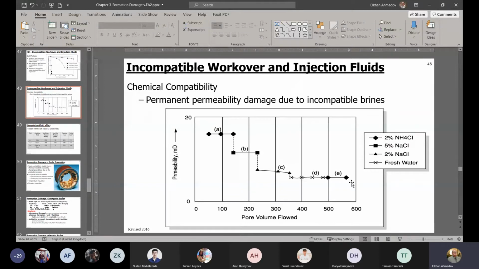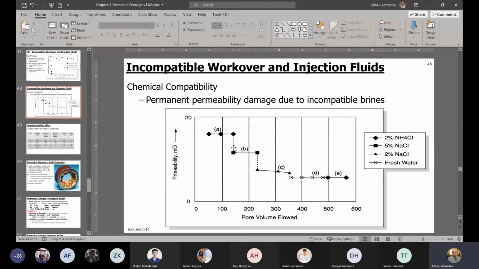Due to the permanent permeability damage, the permeability stays at a low level.